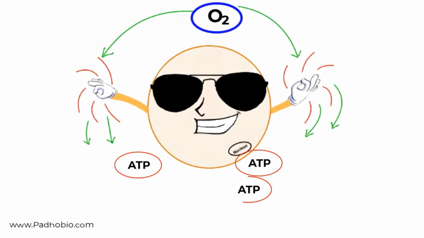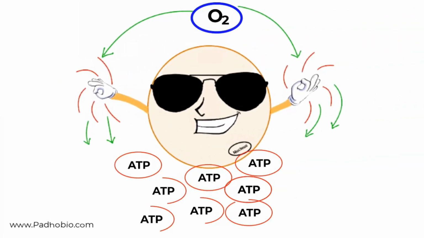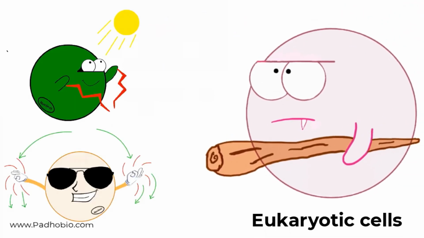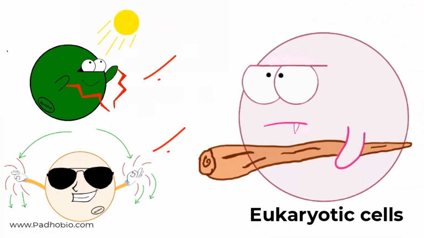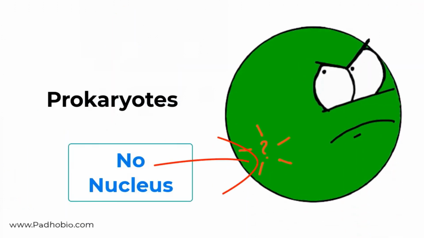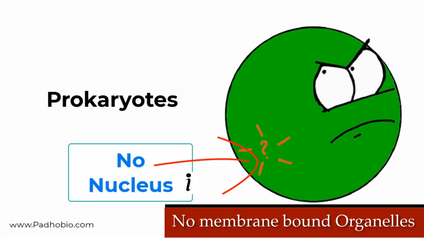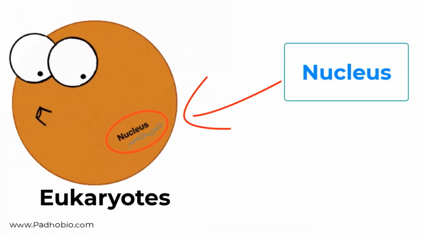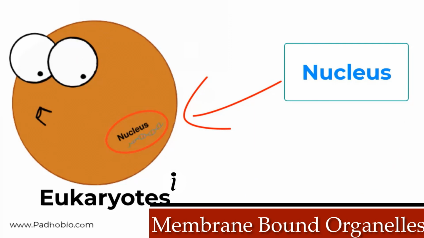Some of these bacteria use oxygen to produce ATP. There are some other cells known as eukaryotes, which are larger than these cells. Do you know? Prokaryote means no nucleus, no membrane bound organelles, and eukaryotes means having a nucleus and membrane bound organelles.